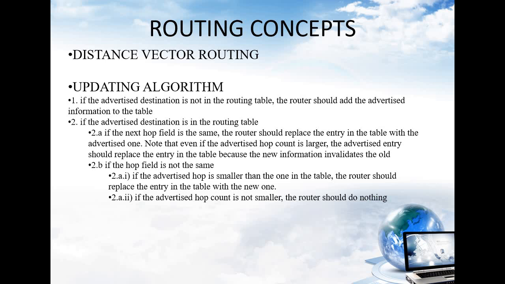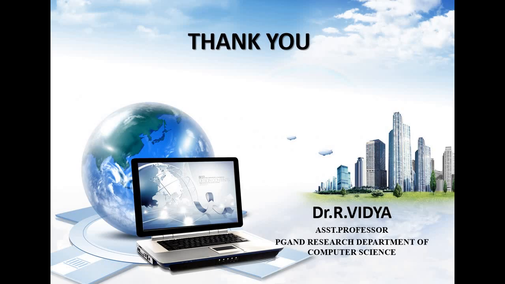Note that even if the advertised hop count is larger, the entry should replace the old entry because the new information invalidates the old one. If the next hop field is not the same and the advertised hop count is smaller, then the router should replace the entry. If the advertised hop count is not smaller, the router should do nothing. That's all for the distance vector routing concept. Hope you can follow this.